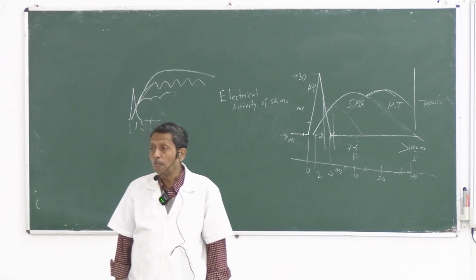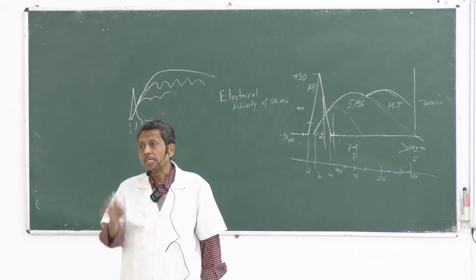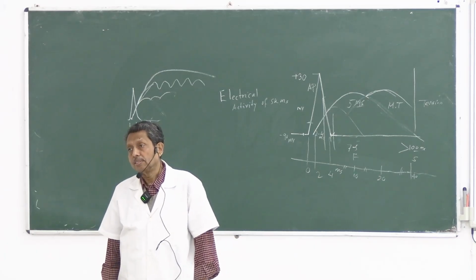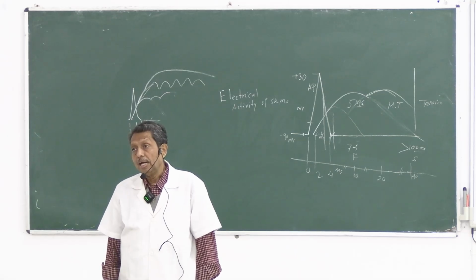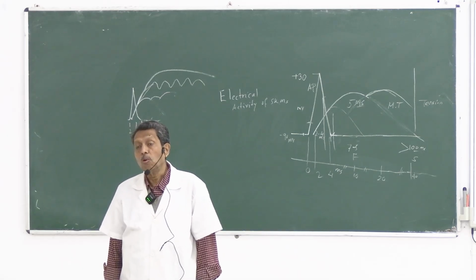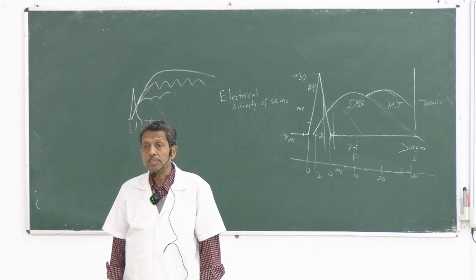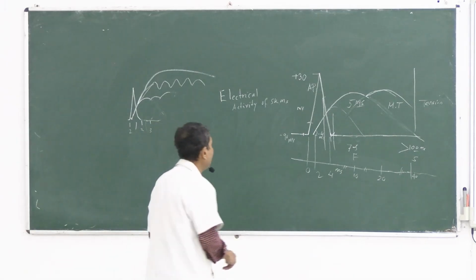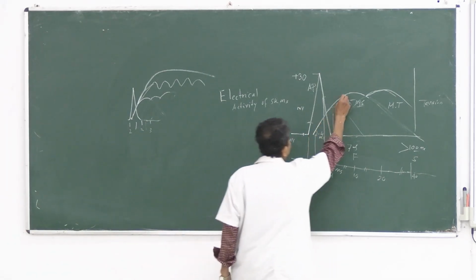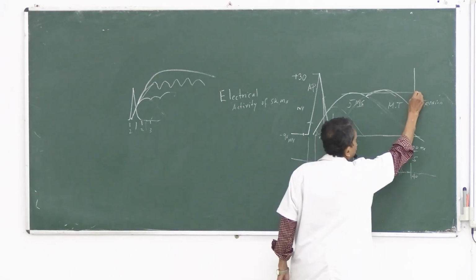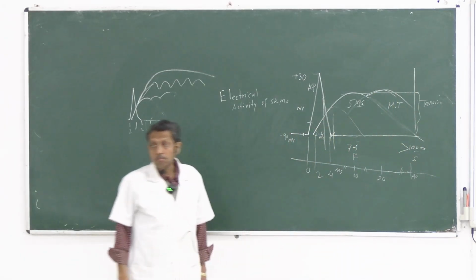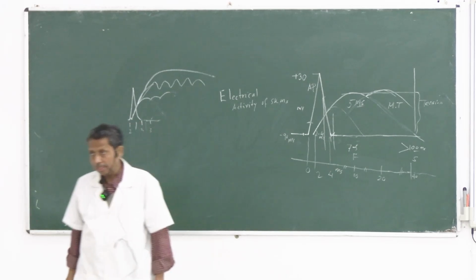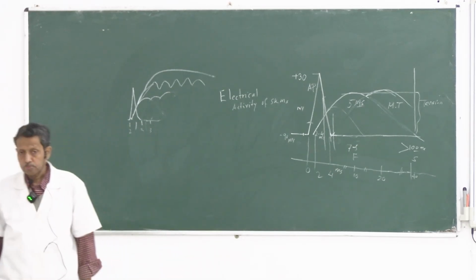And whenever there is complete tetanus, the force generated increases up to 4 times or more than that of a single muscle twitch. If this is the force of a twitch, 4 times is possible whenever there is repeated stimulation.